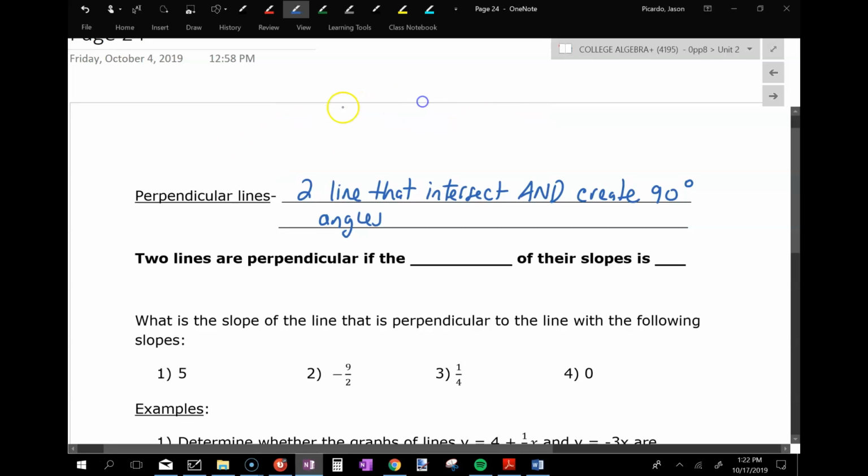So these two lines right here, guys, definitely not perpendicular, right?